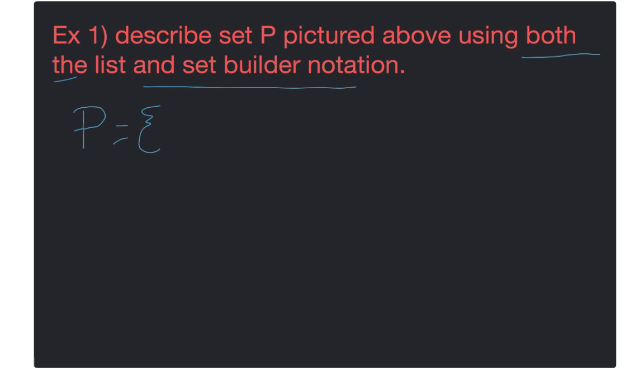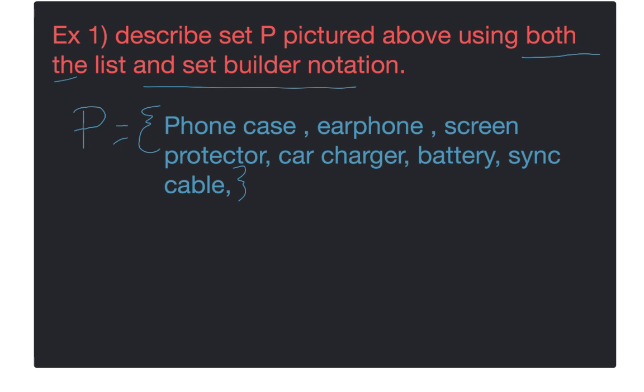I see earphones, a charger, a phone case, a screen protector, a battery, an auxiliary port, and an armband to carry a phone. So that is a good list. That creates my list set, the very first thing it wanted.